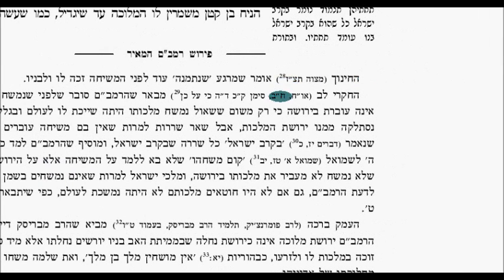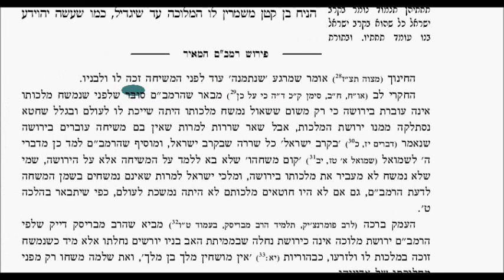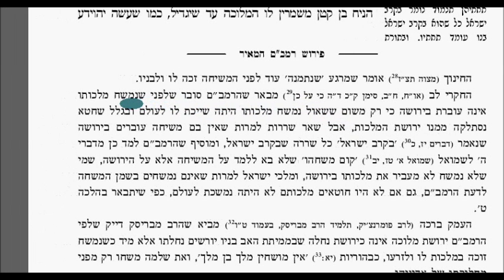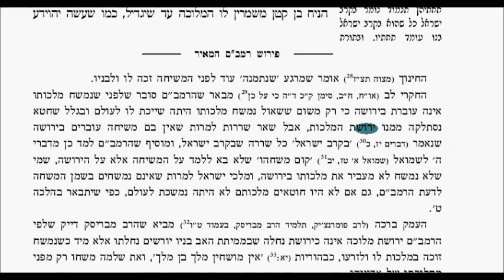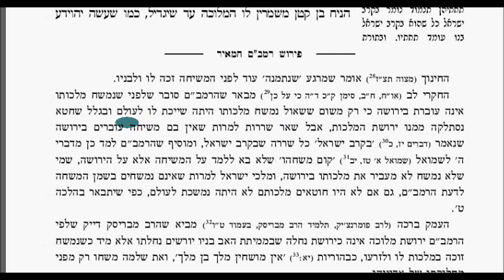The Chinuch in Mitzvah 497 says that from the moment that he's appointed, even before he's anointed, he already has the rights to the kingdom and for his children. The Chakrei Lev explains that the Rambam is of the opinion that before he's anointed, it does not go over by inheritance. Only because Shaul was anointed, it would have been his forever, and since he sinned, the inheritance of the kingdom was taken away from him.